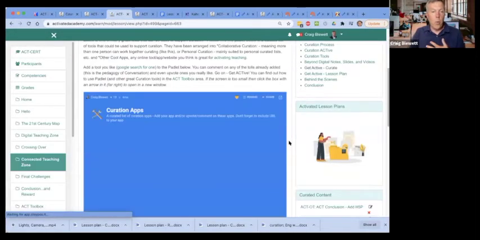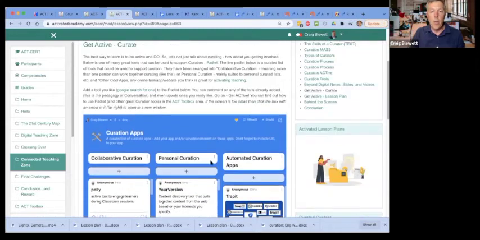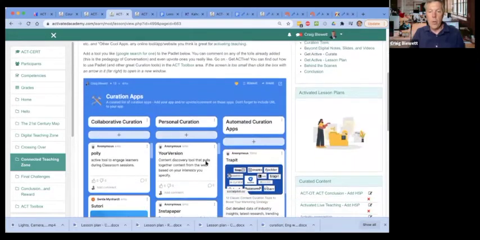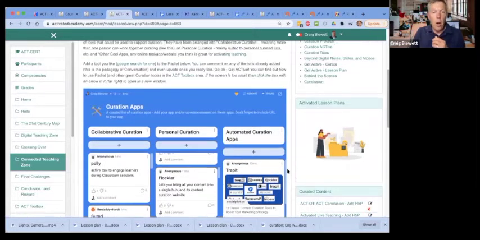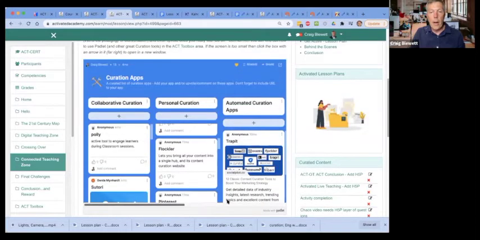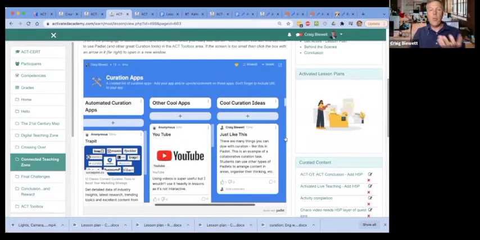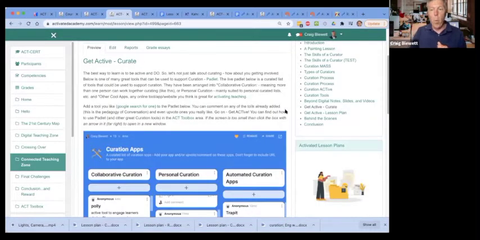In this particular lesson, we're using Padlet. So here is an embedded Padlet that the students now get involved in. We've learned how to use Padlet early on, and in this lesson you get involved in adding your own apps to this Padlet that you think would be useful under various categories. So again, you're just experiencing what you're learning, which is really important.